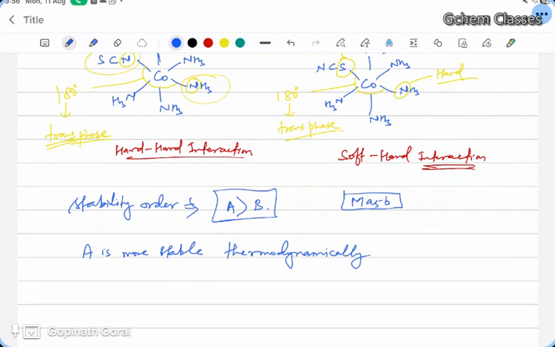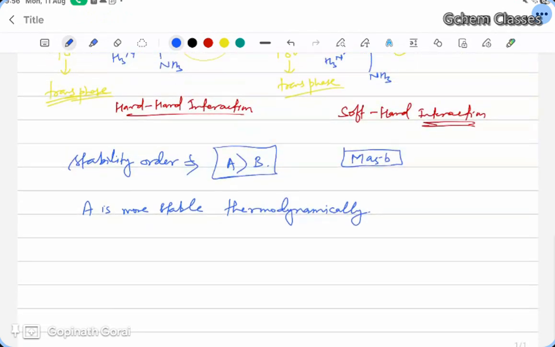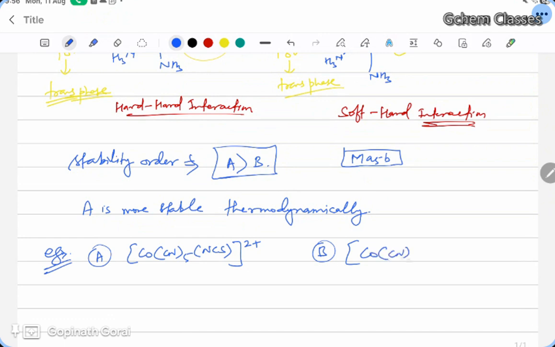So likewise, if I give another example, the more examples you discuss, the clearer it will be, right? So A compound is Co(CN)5(NCS) 2-, and your B is Co(CN)5(SCN) 2-, right?